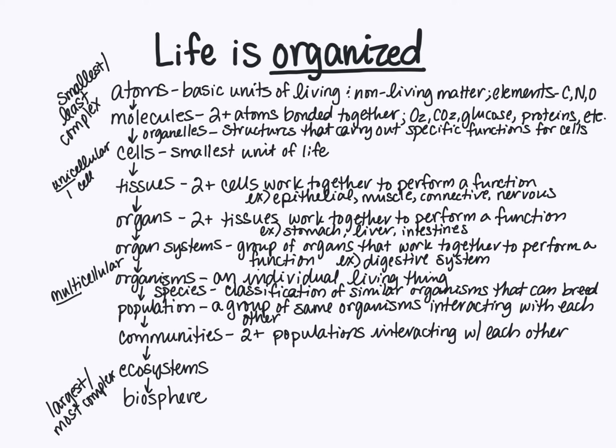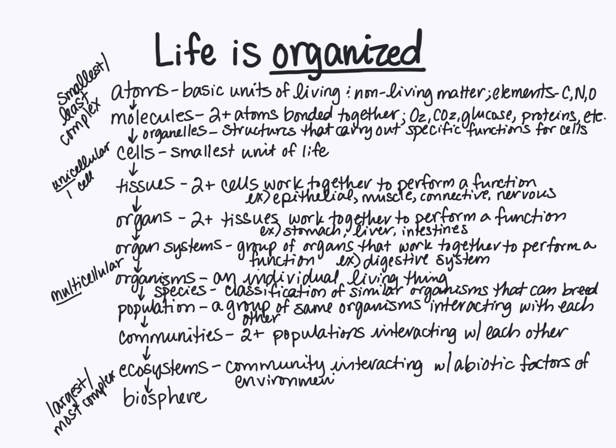Now, an ecosystem is just a community interacting with the abiotic factors of the environment. And what we mean by abiotic, so you're going to see this show up quite a bit in biology and the sciences.